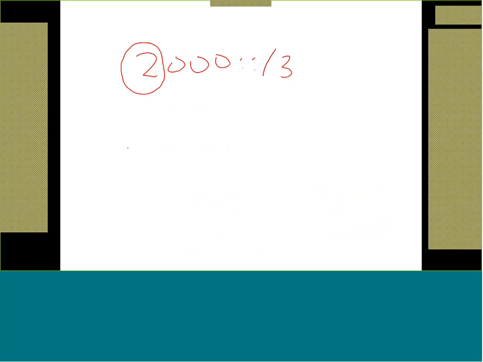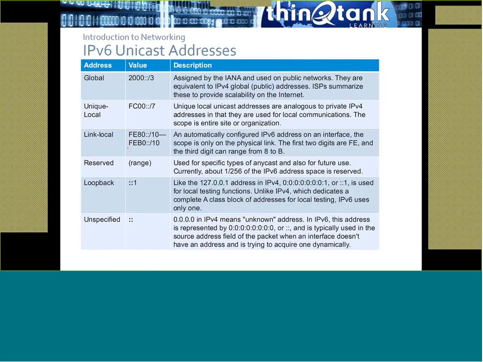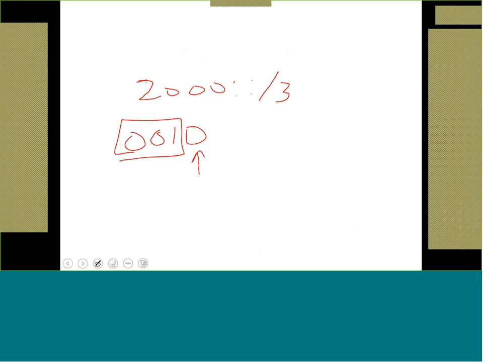Okay, so if I look at 2 in binary, 0010, those first 3 bits are fixed, meaning that they can never change. So the only bit that I can change is that bit.